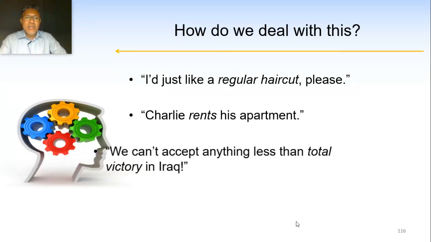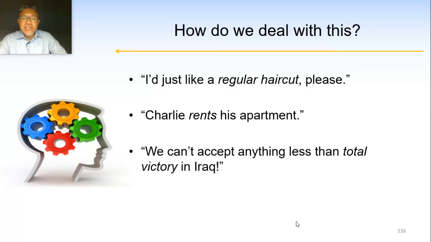Not enough information. When somebody says we can't accept anything less than total victory in Iraq, well, what does total victory refer to? How do we know when we are done with a mission if it's not clear what that means?